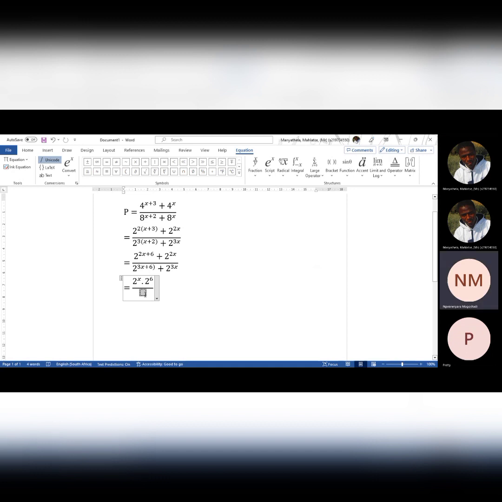What about that 2? I could get 2 to the exponent 2x. Then what happened to 2?